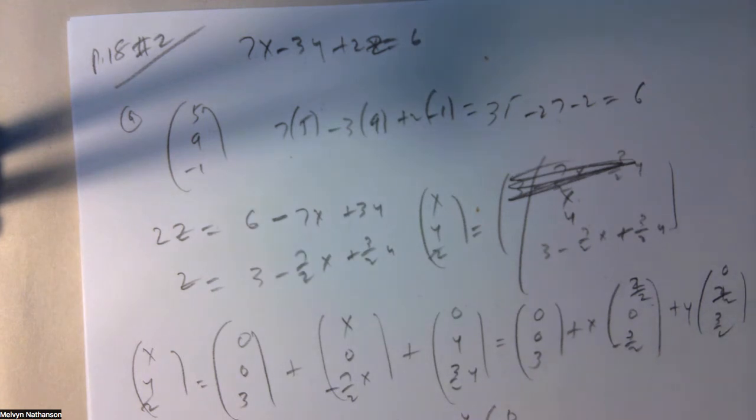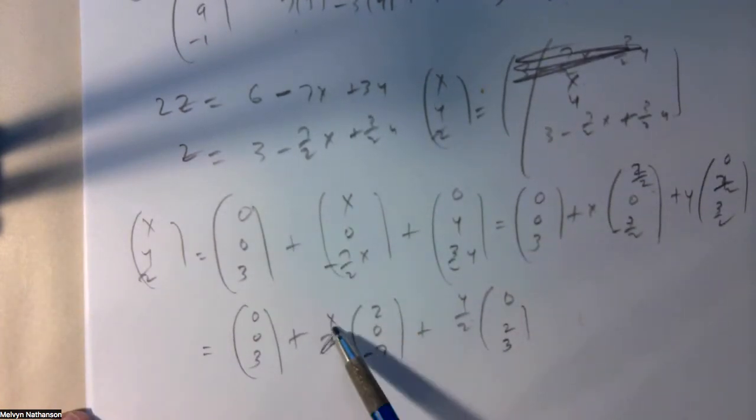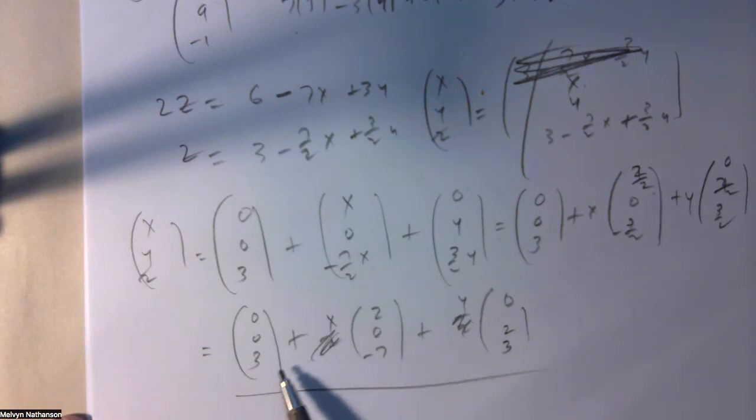And x over 2 and y over 2 can be any numbers at all. So I can replace them with x and y. I get some linear combination of these 2 vectors plus (0, 0, 3).